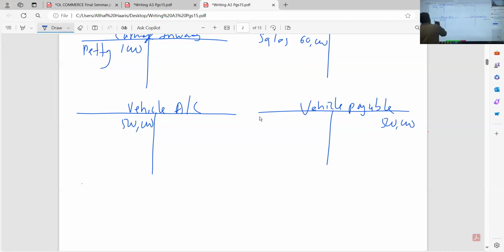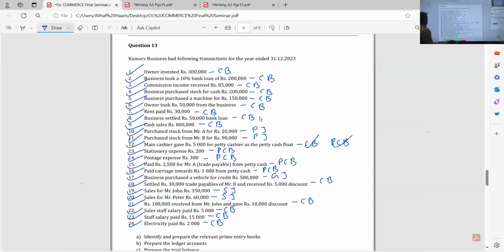So here you can write the vehicle payable, and here you can write the vehicle. Cool. So we are done with all the transactions.